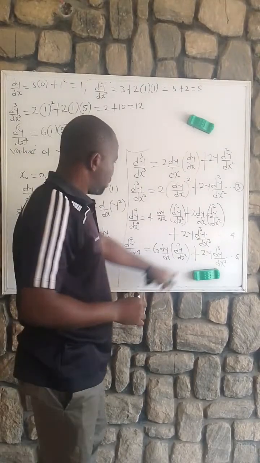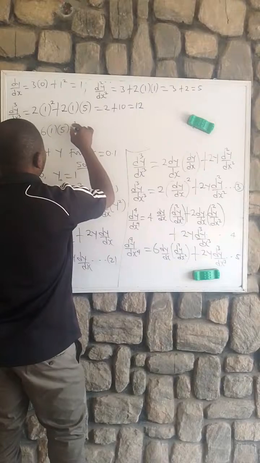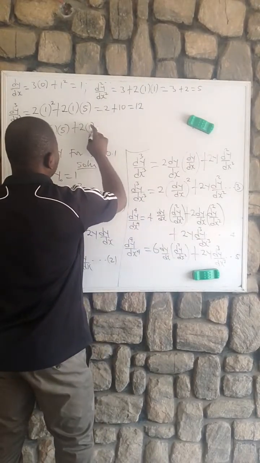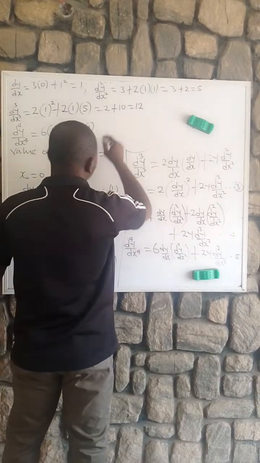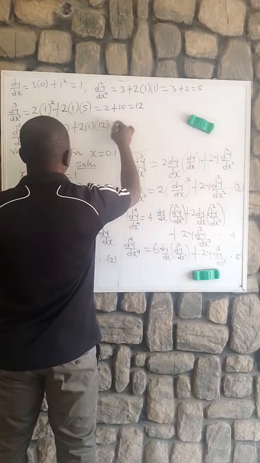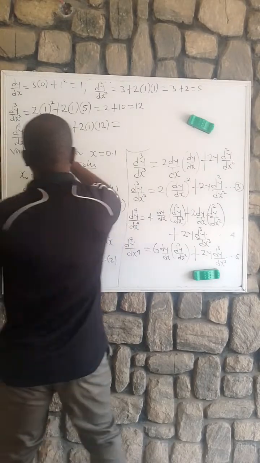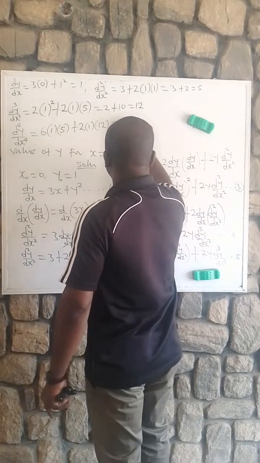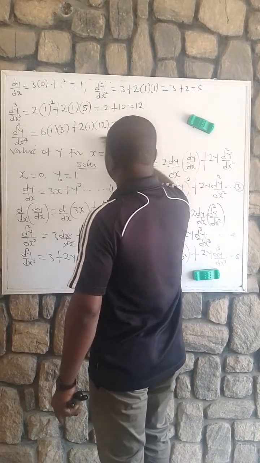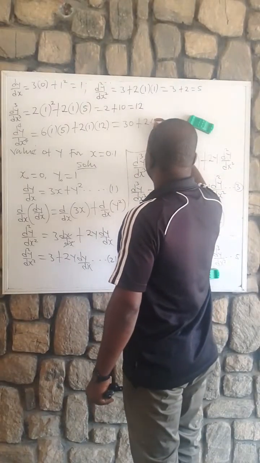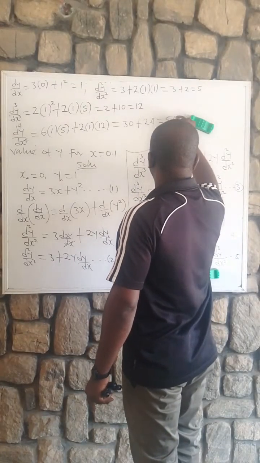Then plus 2y, y is 1, times d cubed y over dx cubed, which is equal to 12, right? Then this will be equal to 6 times this, 30, plus 2 times 12, which is 24, which is equal to 54.